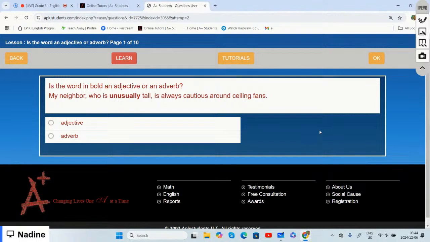And if we were to choose whether it is an adjective or an adverb, if they say unusually tall, then it's supposed to be an adjective because it describes the neighbor.